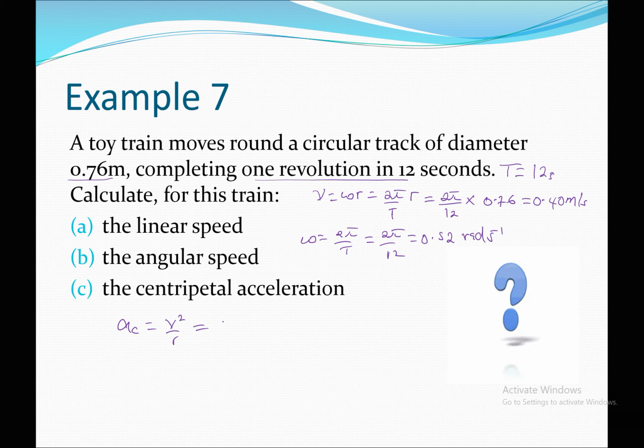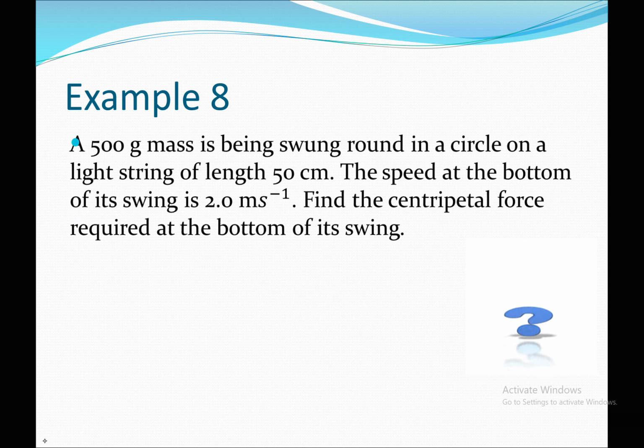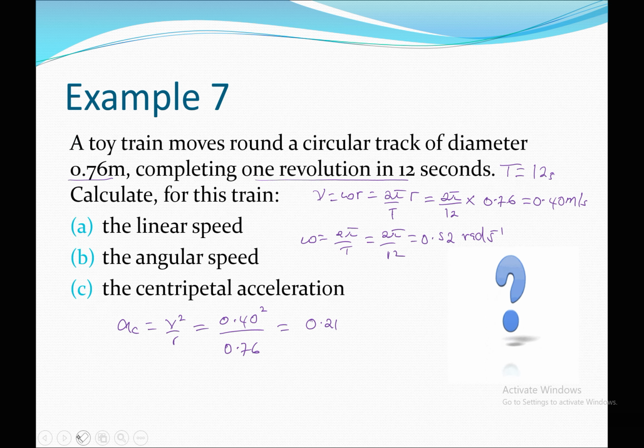So I'll just say v squared over r, which is 0.40 squared divided by r, which is 0.76. To two significant figures, this is 0.21. I want two significant figures only. The units are meters per second squared.